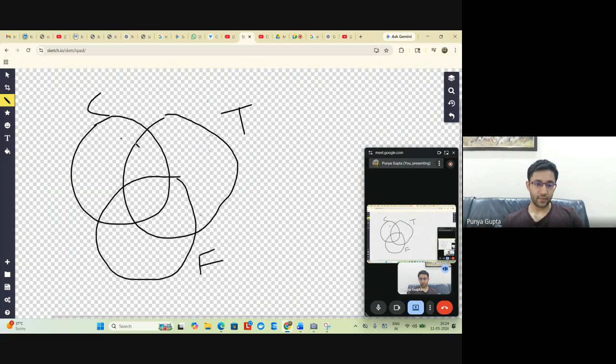We are told that 350 people play at least 2 out of the 3 sports, which means that this shaded area comes out to be 350 as per the question.